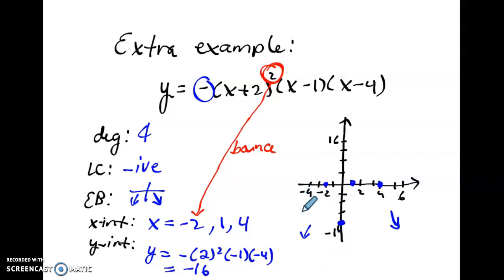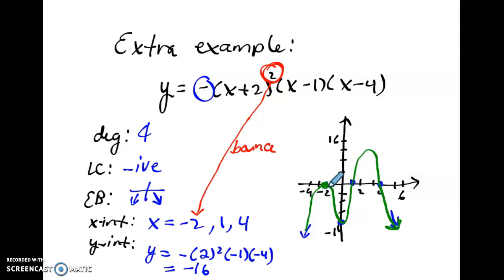So when we're sketching this, we're going to sketch it like normal, except because we know we're going to bounce at this -2, we're going to approach it and we're going to create sort of that parabola bounce shape. And we're going to bounce off, and then we continue like normal. Passing through the y-intercept, we go straight through all the other x-intercepts, turning around somewhere, and we end with the proper end behavior.